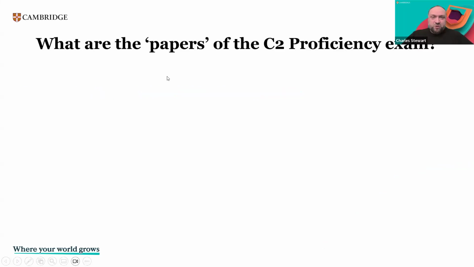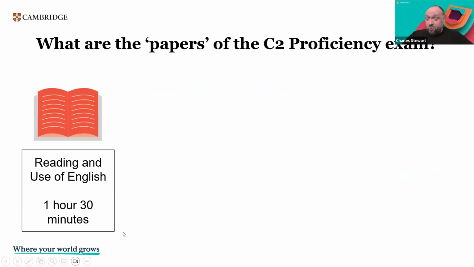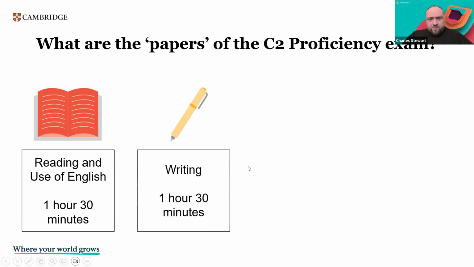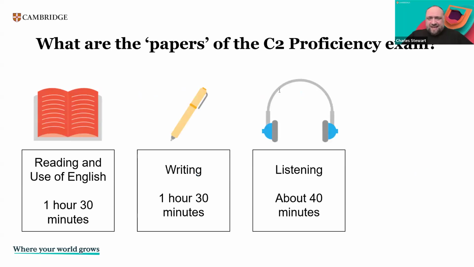So for the C2 Proficiency exam, there is, of course, reading and use of English, which lasts around 90 minutes, writing around 90 minutes, and listening about 40 minutes. The listening paper is a bit different from the other parts of the exam in that the listening test itself takes around 35 minutes, and then you'll have 5 minutes at the end to transfer your answers to the answer page.